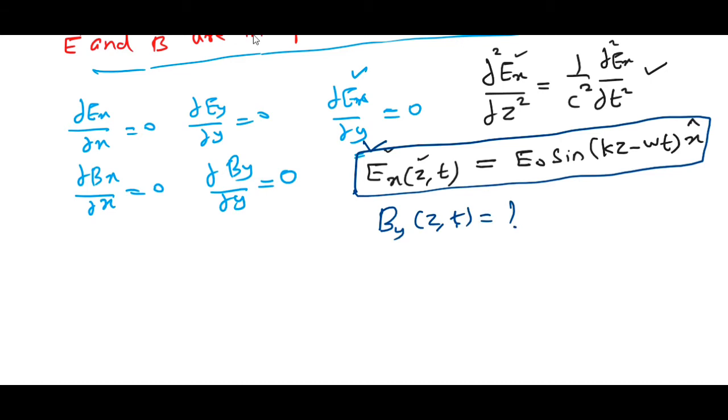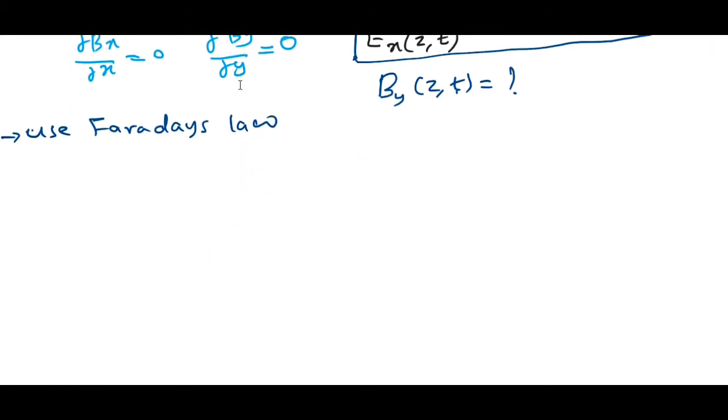For this, we can use Faraday's law. Faraday's law is del cross E is equal to minus dou B by dou t.